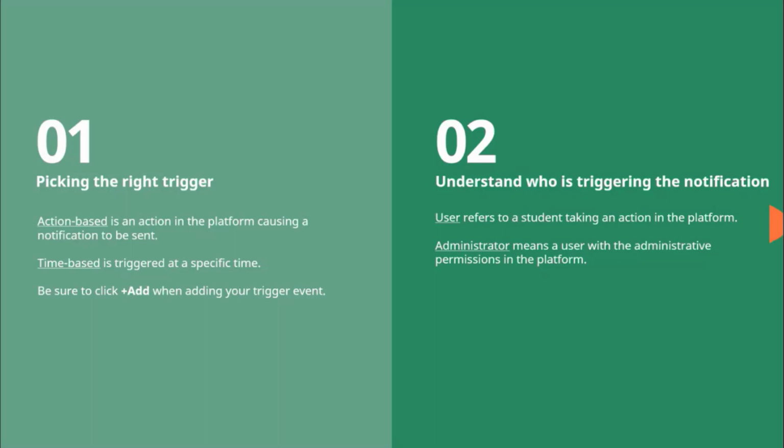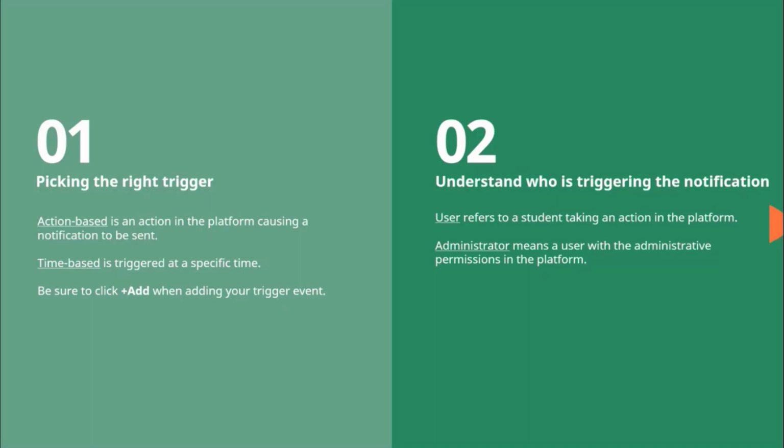If, for example, you want to cancel a learner's notification, you as the administrator go in and cancel it. The action is the cancel piece, and the administrator is the one who has done the action in order for it to be triggered. So there are just some different ways of thinking when you're building it out.